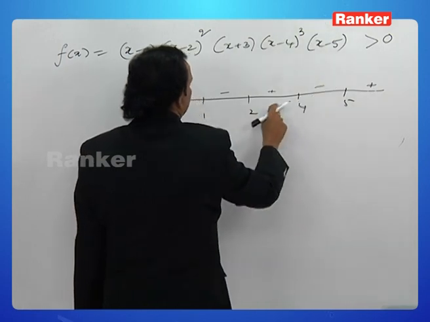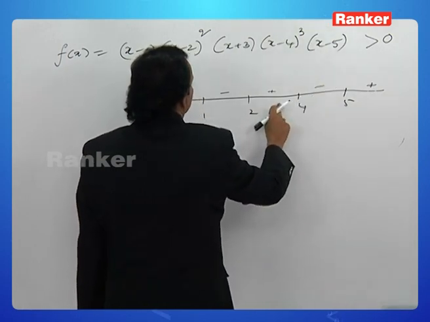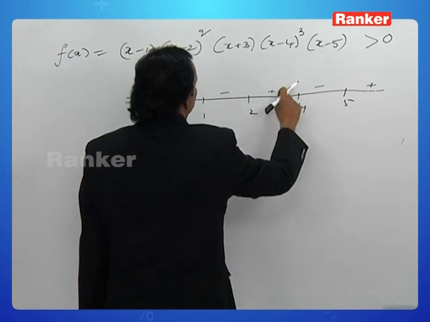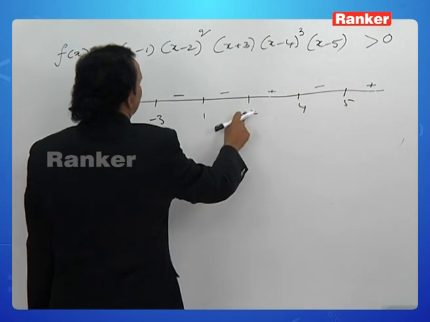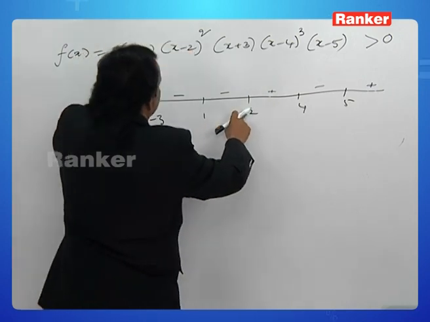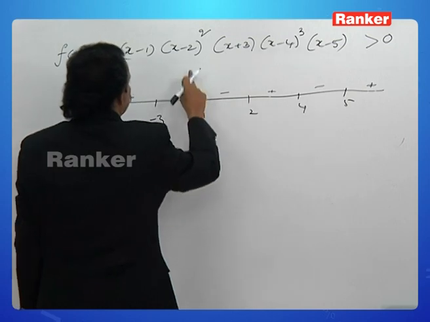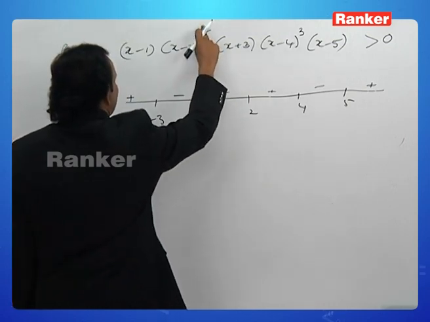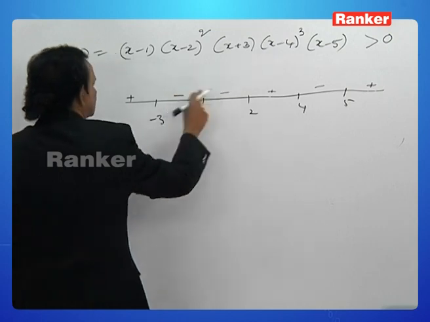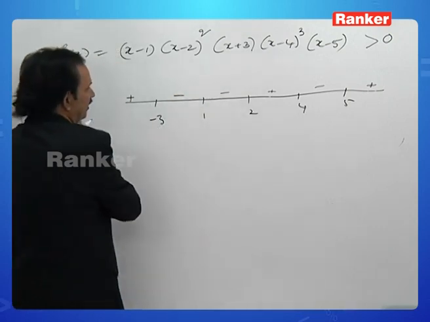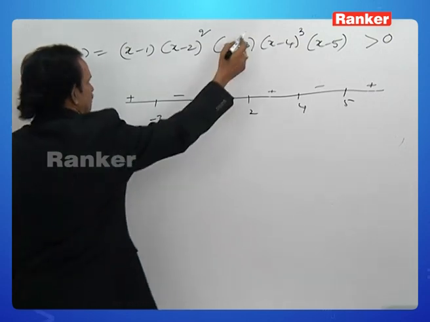Next, between 2 and 4, positive. Next here, x minus 2 whole square. It is plus minus. No, this is an even number. The same sign is to be put here also. Minus, minus. Minus 3. Beyond that no more exponent is there.